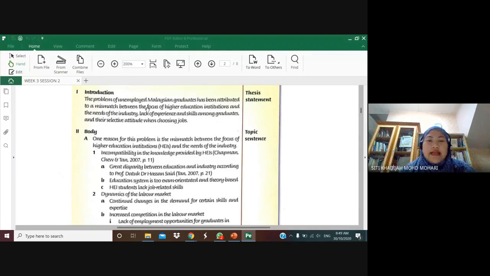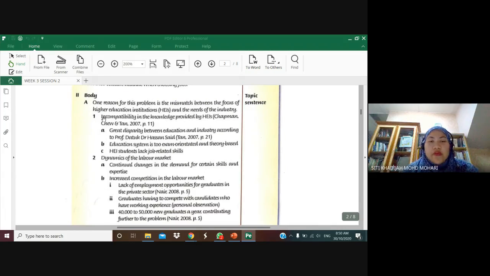The thesis statement has to be talking about your body contents, body paragraphs, and the topic sentences. So for the body content, we have one topic sentence. This is for the first one: one reason for this problem is the mismatch between the focus of higher education institutions and the needs of the industry. So you talk more about this in the supporting details.